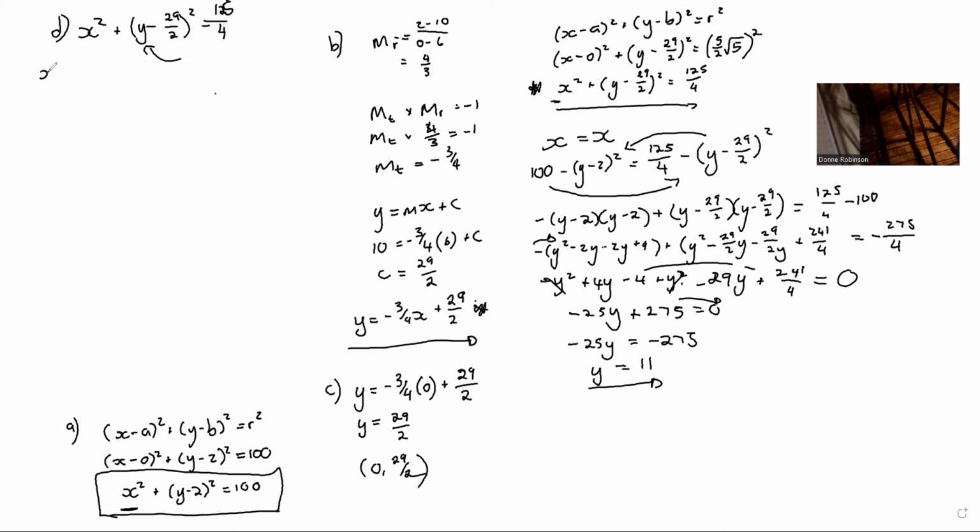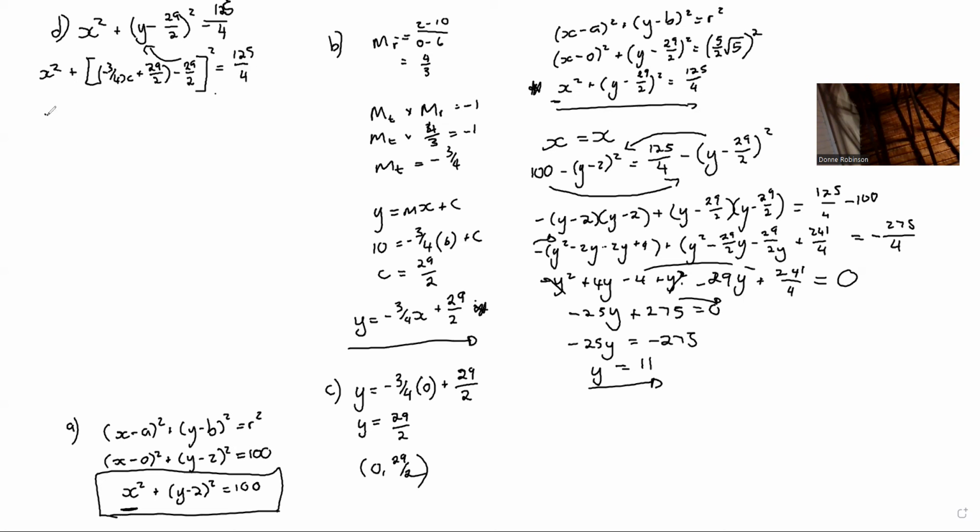So we're going to have x squared plus, I like shaking up my brackets when I use more than one, negative 3 over 4x plus 29 over 2 minus 29 over 2 squared is equal to 125 divided by 4.